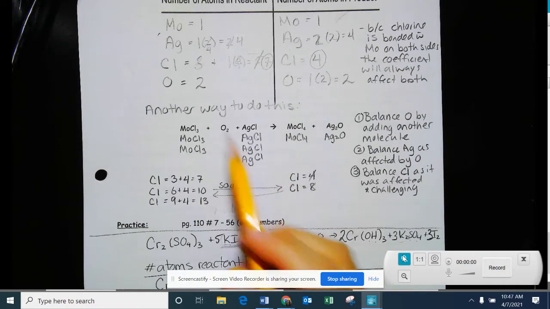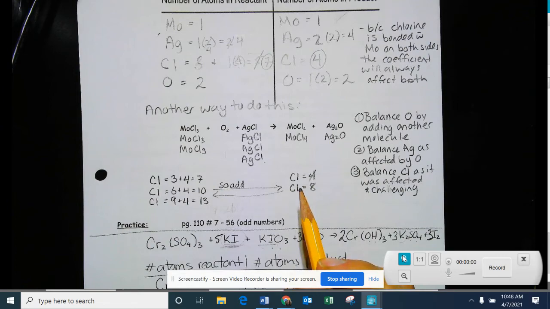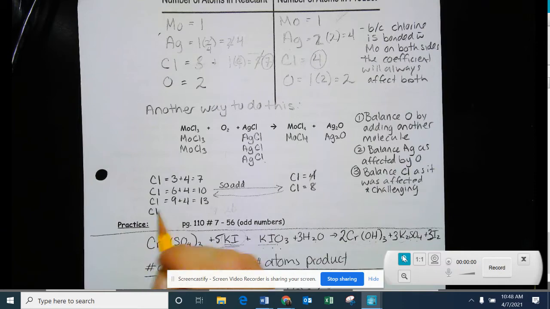So, wait, hold on. 3, 6, 9, 10, 11, 12, 13. Yep. 12 plus 4. Okay, these guys over here are even numbers. We need to have an even number, right? So we're going to try this again.